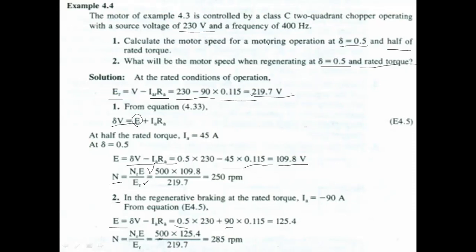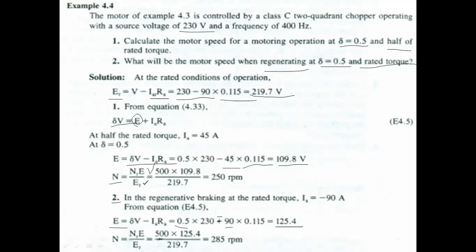Here I am taking regenerative braking, so for regenerative braking we have to take minus. So you will get minus only, not plus. So minus 90 into 0.115. You will get a value of 125.4.